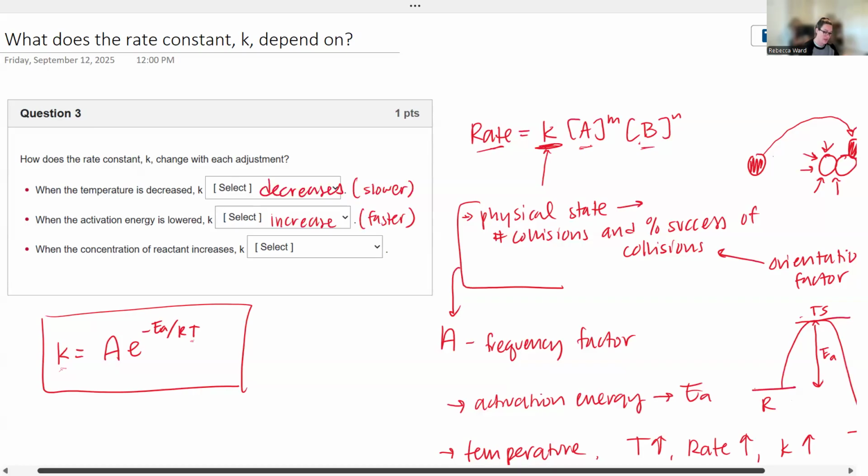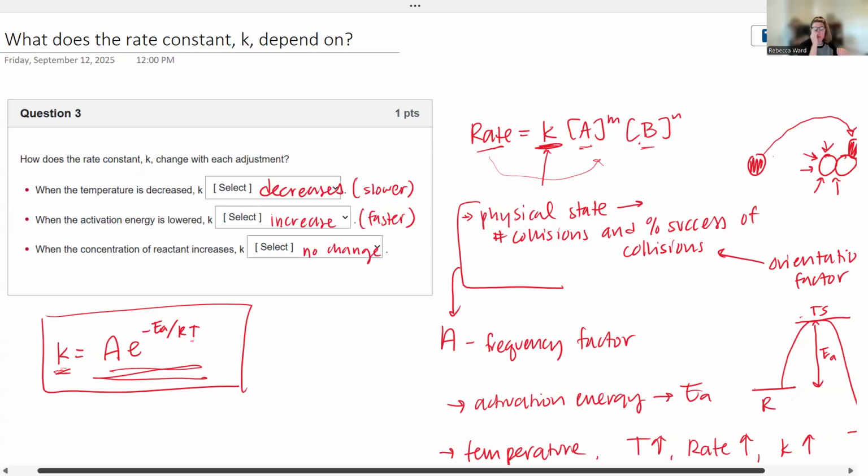And then lastly, we ask, how does the rate constant change when the concentration of reactant increases? And this is no change, because K does not depend on concentration. The rate does, right? We see that relationship here, but K does not.